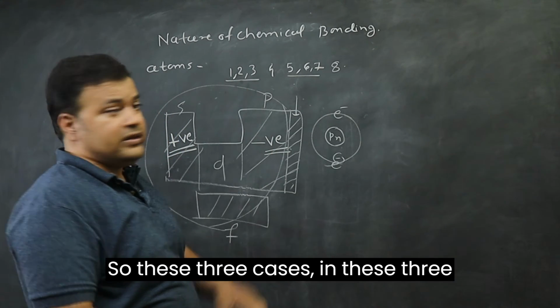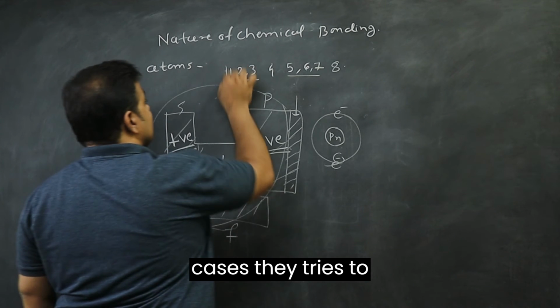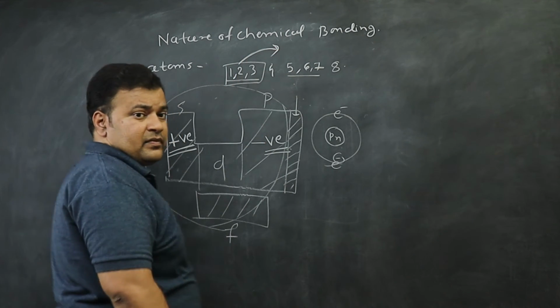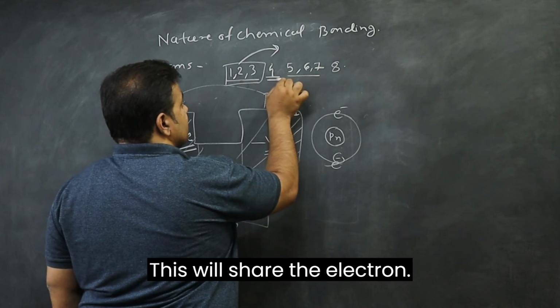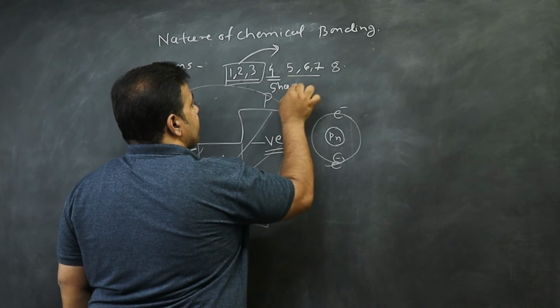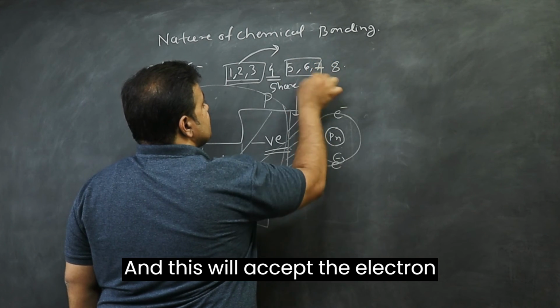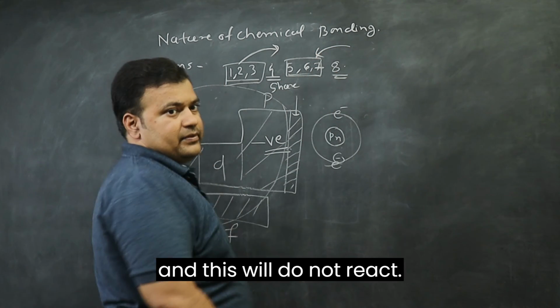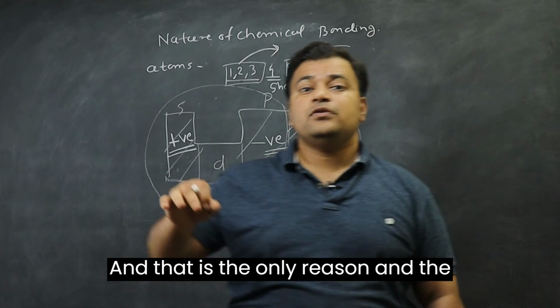So in these 3 cases, they try to donate the electron. This will share the electron and this will accept the electron and this will not react.